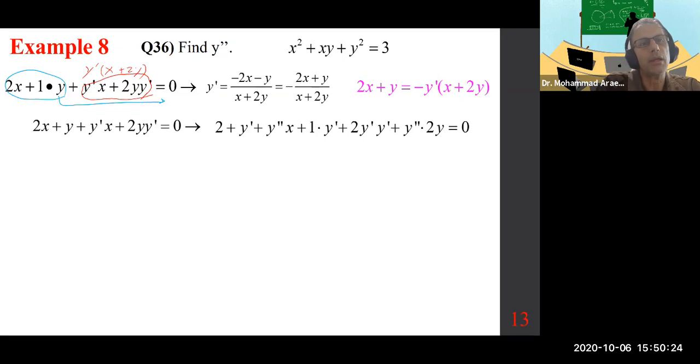Y prime x is this part, everybody. Take a look at that part. Y prime x using the product rule is that piece.